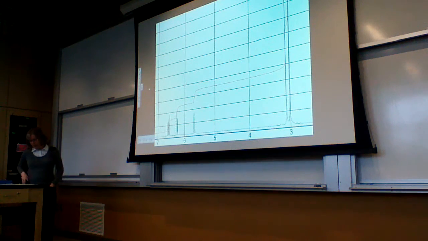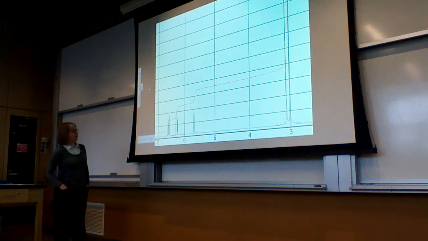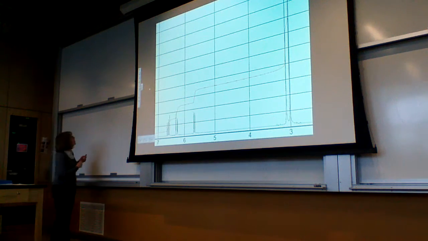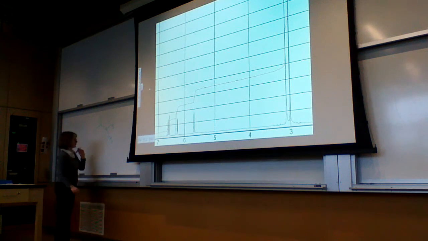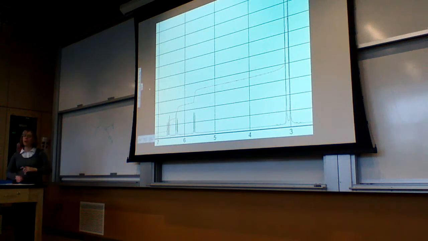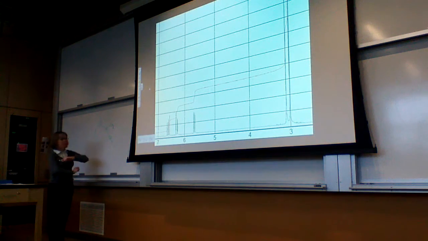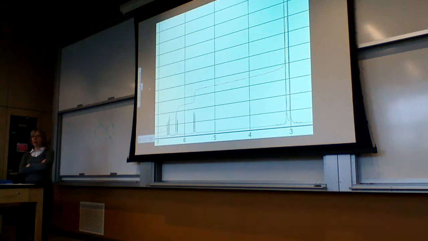The first one here is an interesting structure. The structure that this spectrum corresponds to is this dimethyl acrylamide, where there are two methyl groups on the nitrogen of the amide.